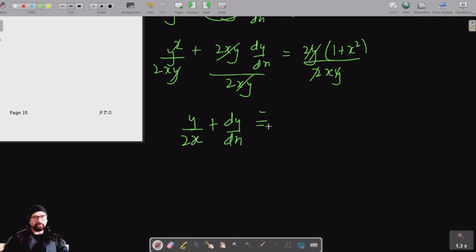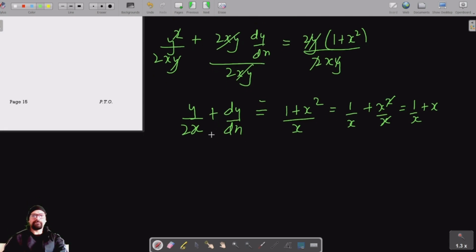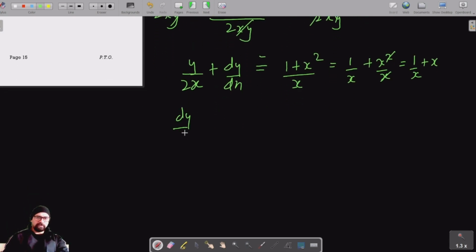1 plus x square upon x, which is equal to 1 upon x plus x square upon x, and this is now 1 upon x plus x. So I can rearrange it like dy by dx plus y upon 2x is equal to 1 upon x plus x.